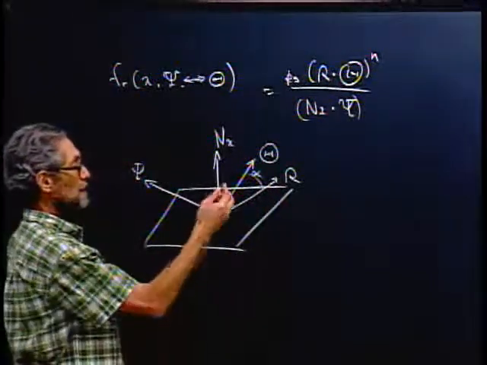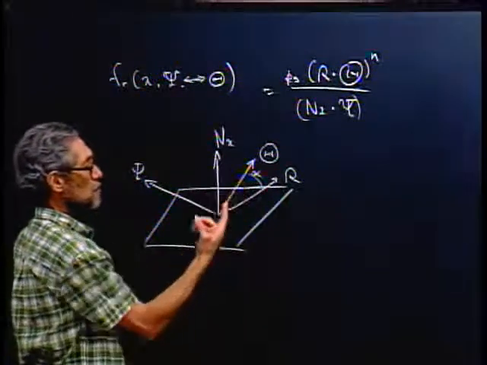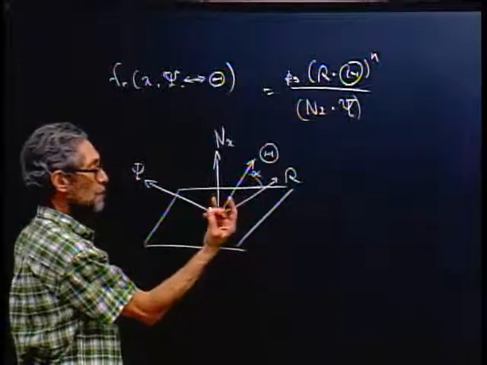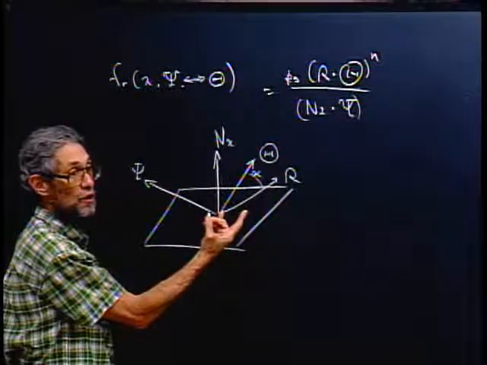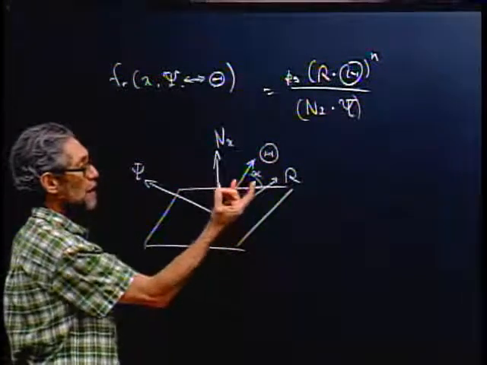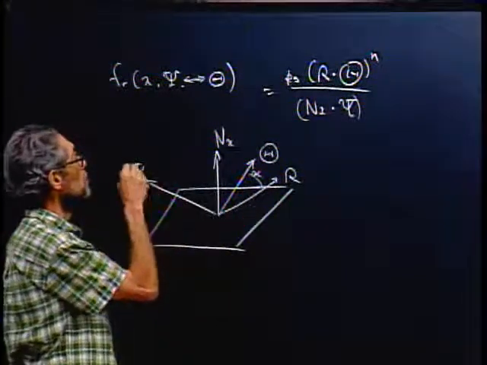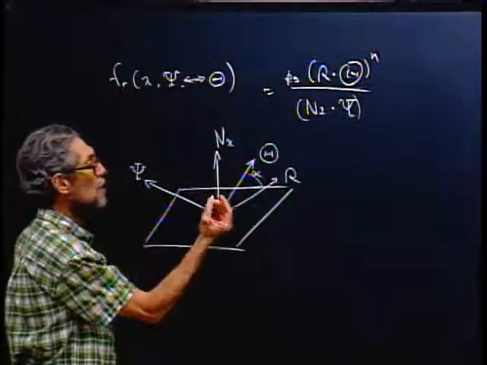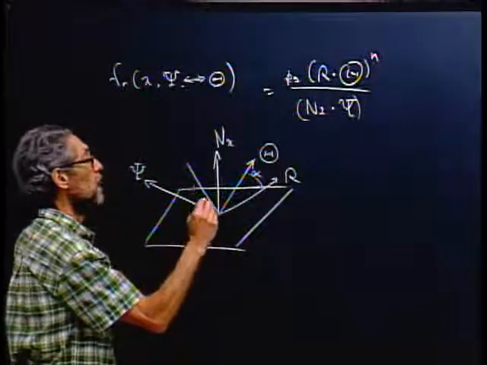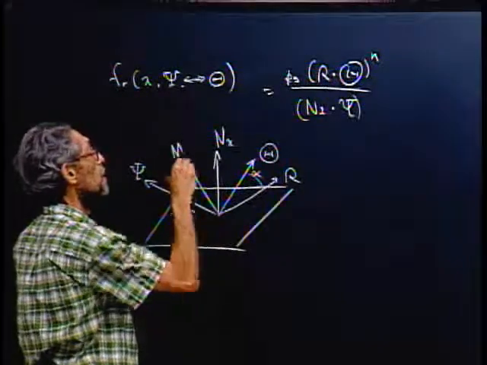And what I said is if you take these two vectors and rotate them 180 degrees around this normal, I didn't exactly say it that way, but it occurred to me here's a better way to say it, then r will be rotated into this incoming direction because it's the mirror reflection of it, and theta will be rotated into another direction, which I called m.